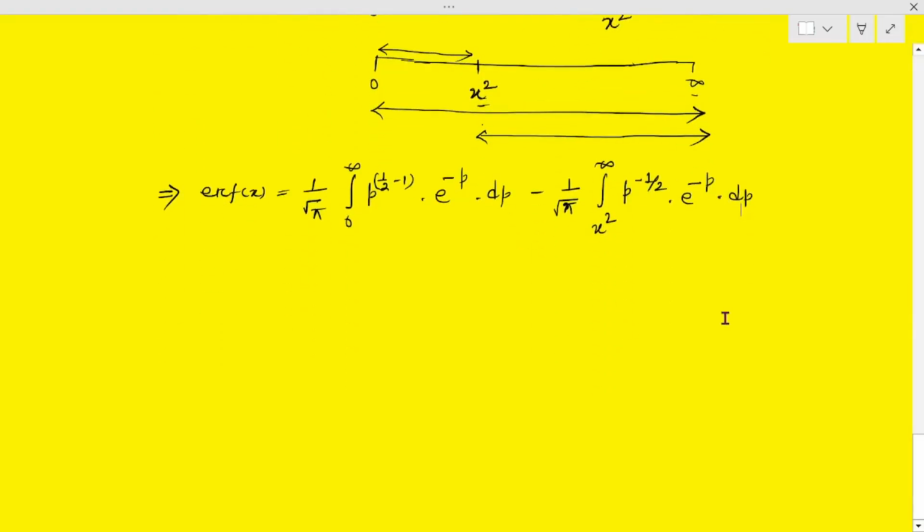Okay, so here error function of x will be equal to 1 by root pi. Here this integral is in the format of what? e to the power minus x, x to the power n minus 1 dx, 0 to infinite, that is nothing but gamma n.